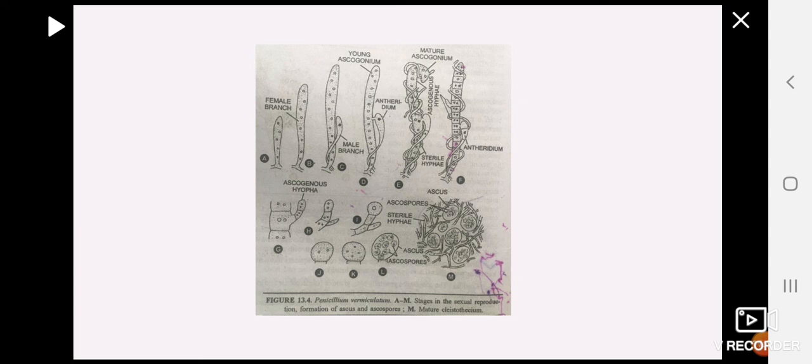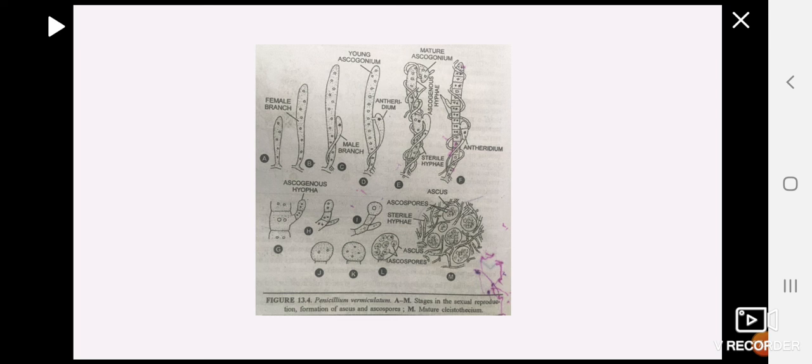Now this diploid nucleus undergoes further divisions. First, meiosis takes place, which produces haploid nuclei, and later on mitosis takes place, which leads to the formation of 8 haploid daughter nuclei.